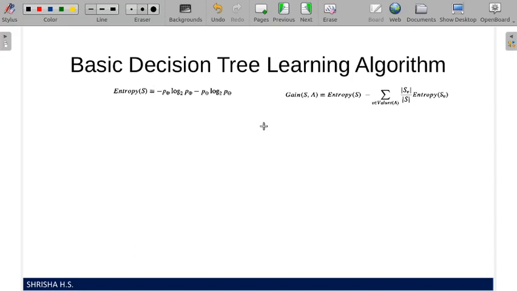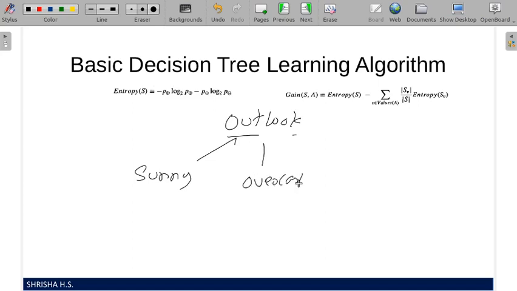Now what is the update on the tree? We have outlook as the root. There was sunny, there was overcast, there was rain. So for outlook equal to sunny, which attribute do we have to select?